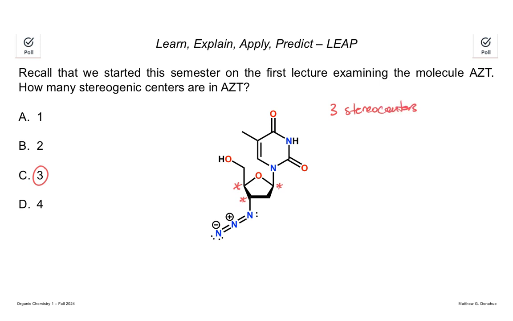And then you have to assign R and S to them as they are drawn. But if either of them can be R and S, we have another little equation to know. 2 to the n, where n is the number of stereocenters. So AZT can have 8 possible stereoisomers. And so we'll talk about on Wednesday, when you get into this situation with more than one, you're still assigning R and S, but then what are these other relationships?